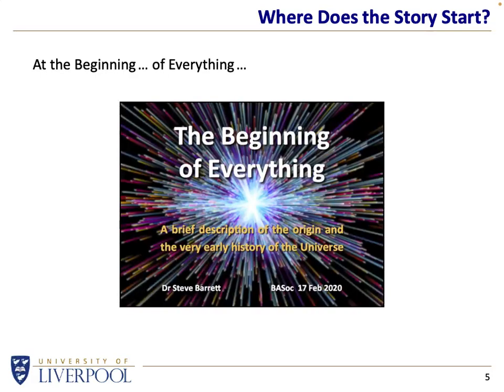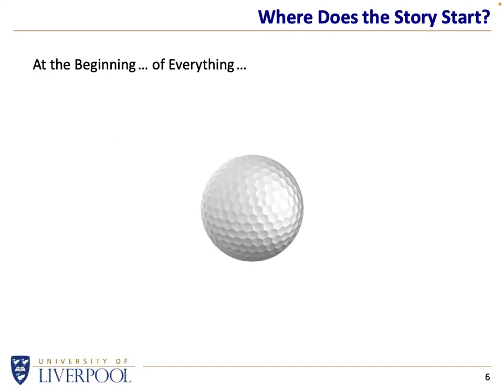So at the beginning of everything, given that we know the universe is expanding, and at the moment all the galaxies are billions, if not tens of billions of light years apart, the entire observable universe at the moment is 100 billion light years across. But we know the universe is expanding, so if we wind the clock back, we come to the conclusion that everything used to be a lot closer together.